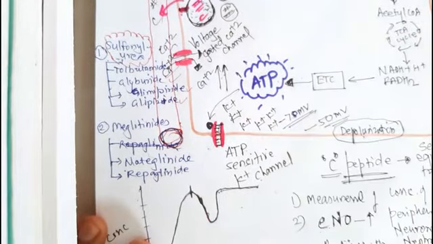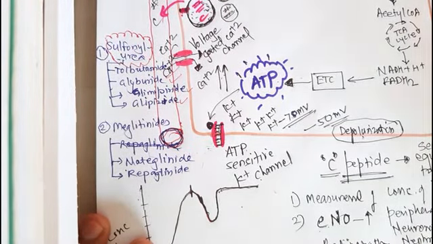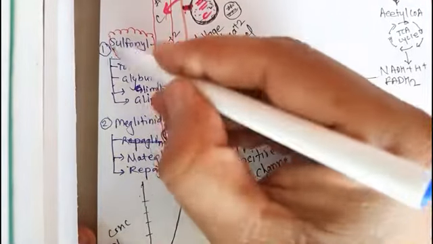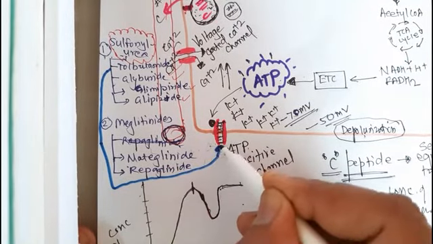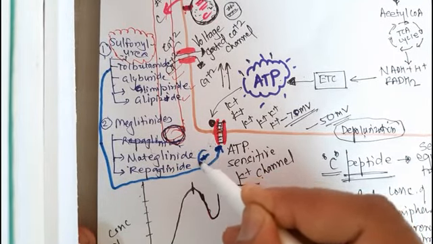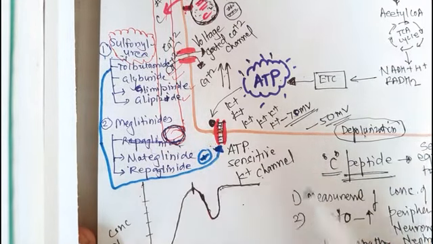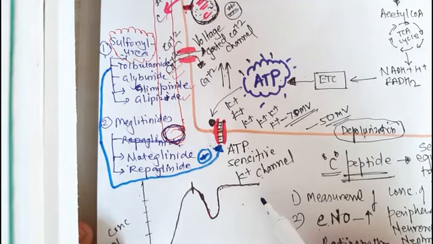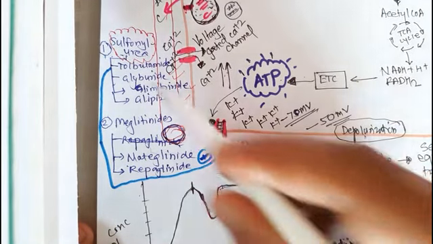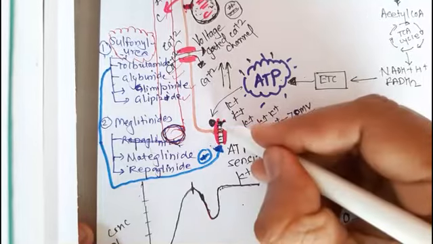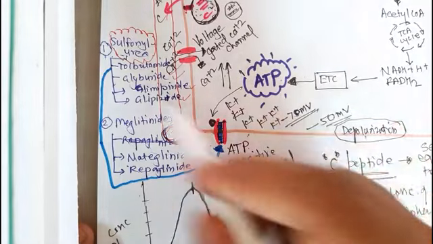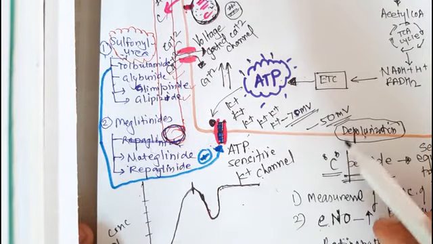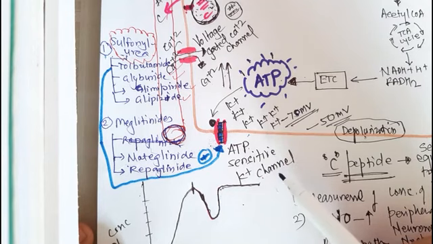What these drugs do is block the ATP sensitive potassium channels. When they block the ATP sensitive potassium channels, they help in the release of insulin from the beta cells. These drugs are called ATP sensitive potassium channel blockers.